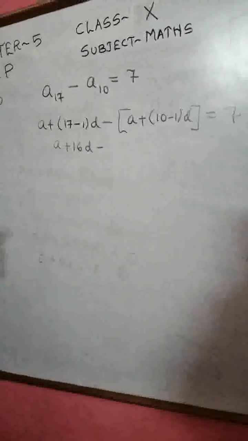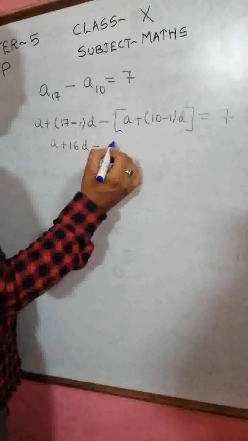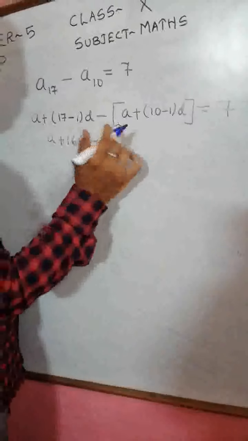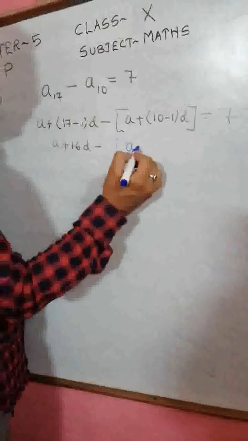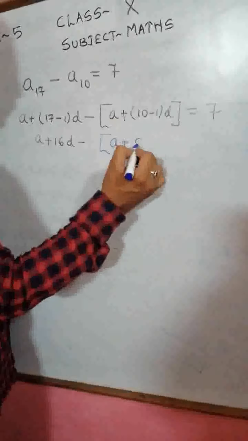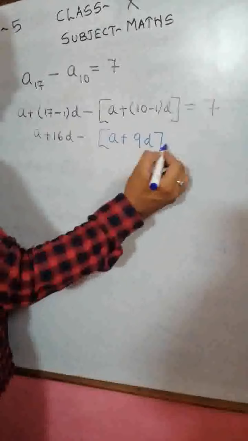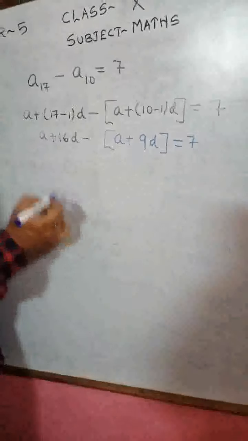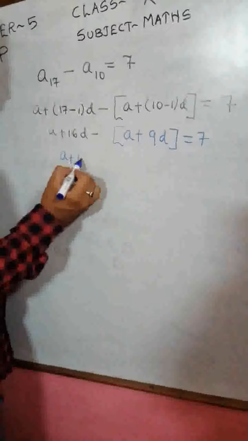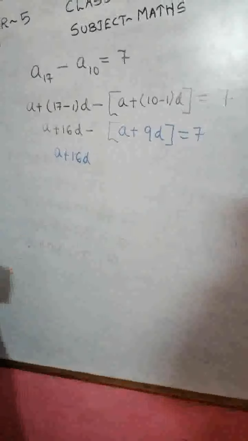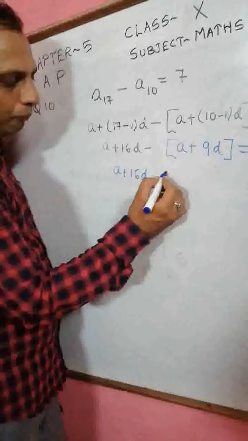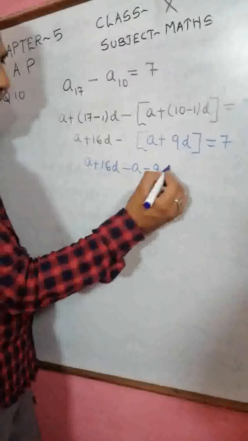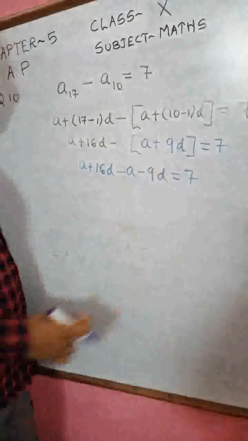Now we open the bracket. A plus 16d, open the bracket, minus a minus 9d equal to 7, since 10 minus 1 is 9d.